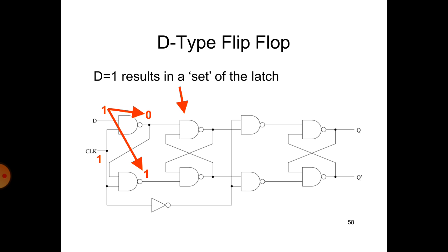It will be 0, 1. How? D will be 1, again the clock will be 1, so the NAND gate output will be 0. So that will be given to the input of the next gate, so the output will be 1. So it is high state. The same operation will be followed by second latch. So that output will be Q and Q bar.